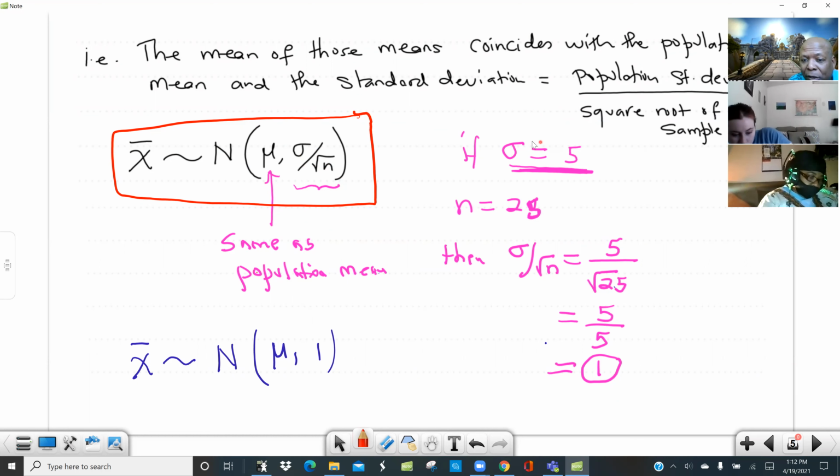So if the population standard deviation was 5 and the sample size was 25, then sigma over root n is 5 over root 25, which is 5 over 5, which is 1. So the sample means have a smaller standard deviation of 1 as opposed to being 5 in that case.